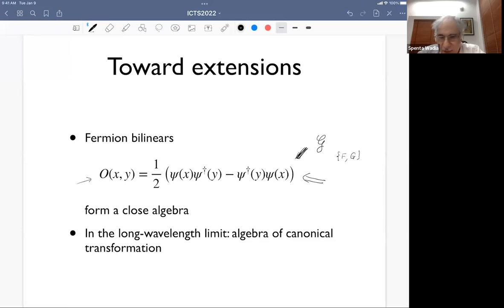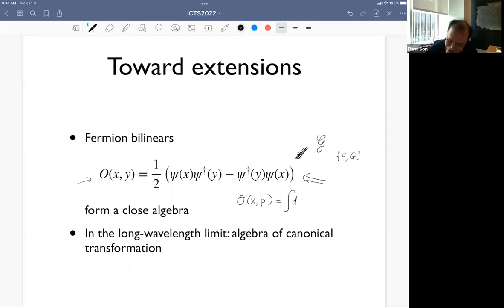Bilocal operator, where the psi and psi dagger are operators, then from this you can build the Wigner distribution, right? By shifting x and y and writing a phase.